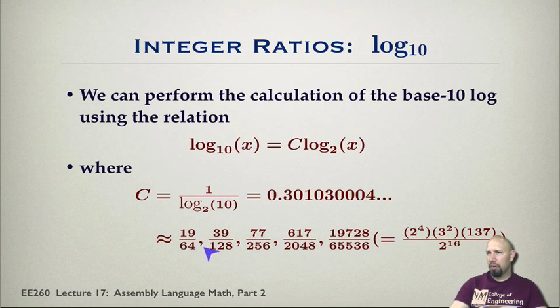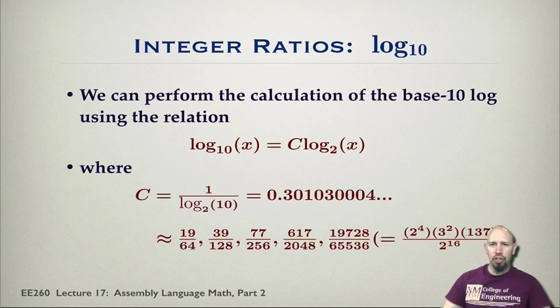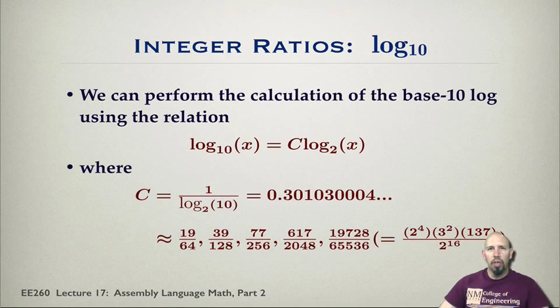We have approximations that we can use for that number. So now we have a way of working with integer ratios that allows us to do the log base 10 of a function, and it's based again on this notion of the log base 2.